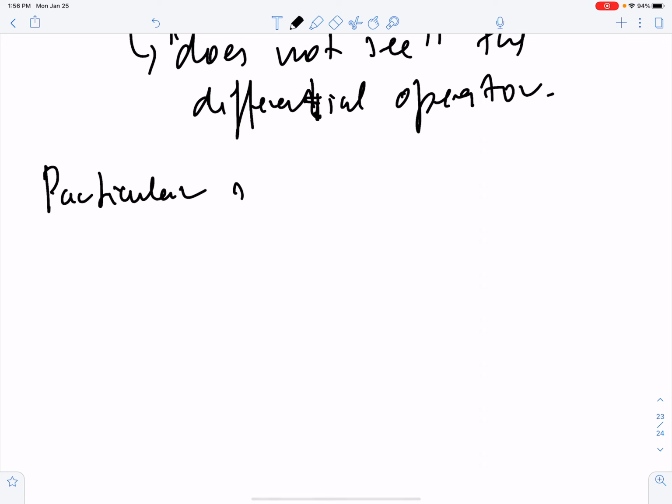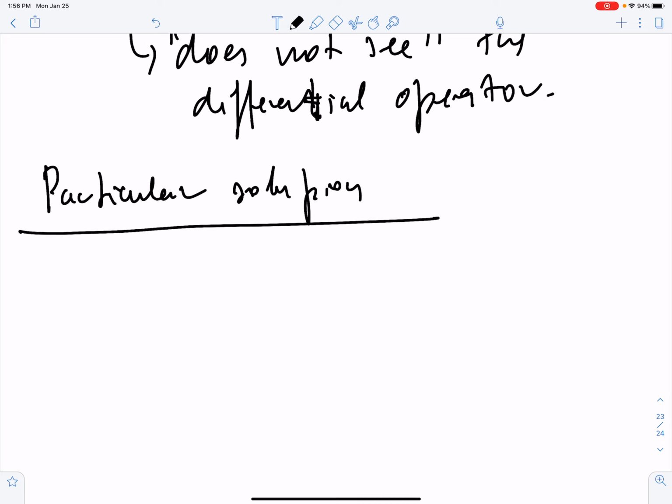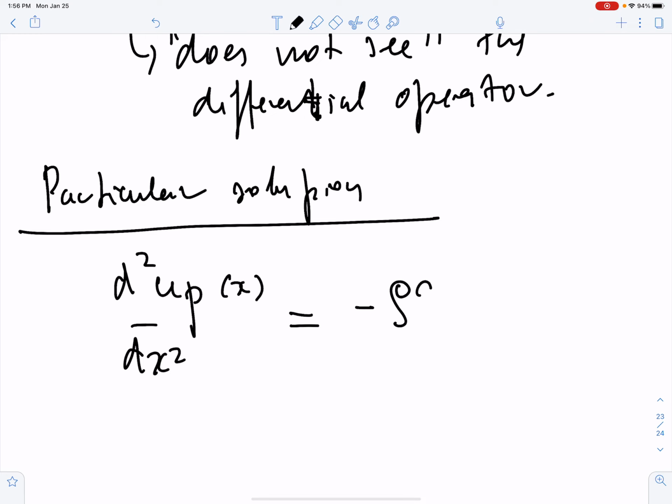So here you take u_p and you write d squared dx squared u_p of x, and now you look for a particular right-hand side, which in this case emanates from the gravity load, okay?